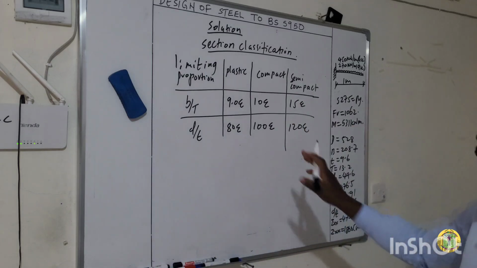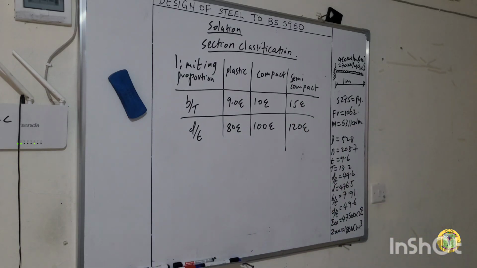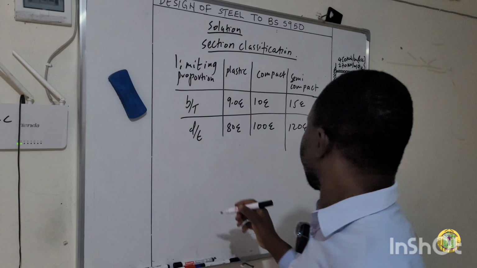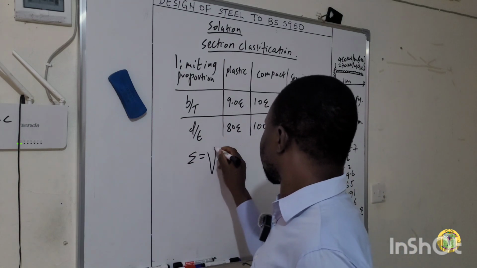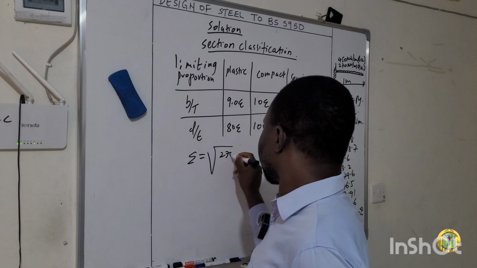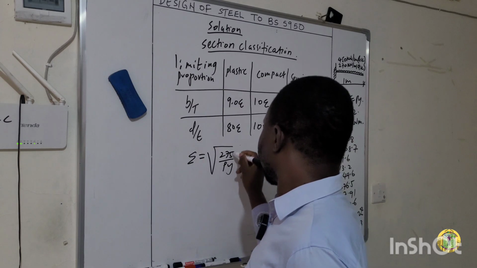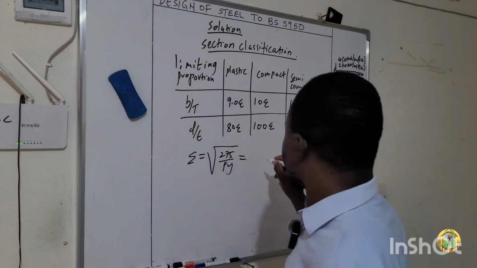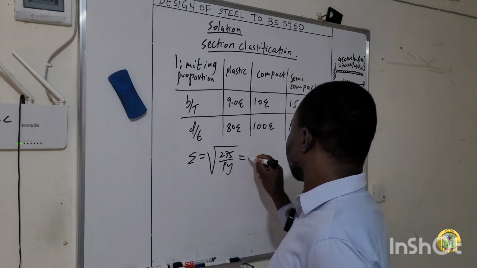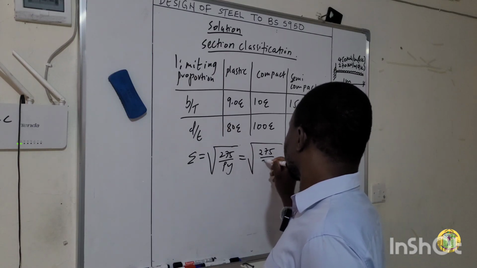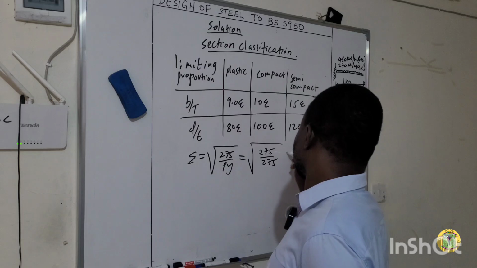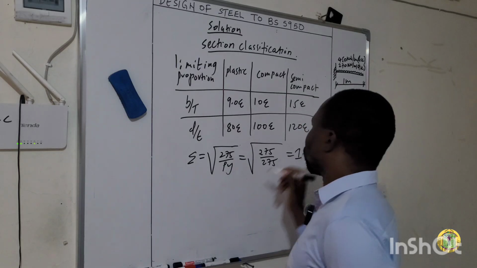Don't draw this in your exam. So we have, this is given by 275 over Py. So for our case, it will be 275 over 275, which is equal to 1.